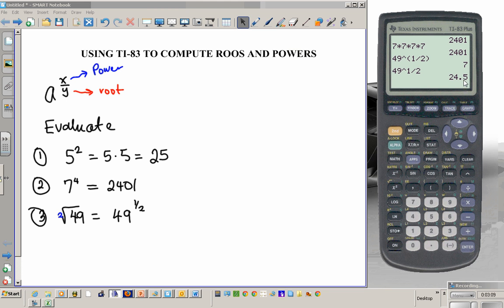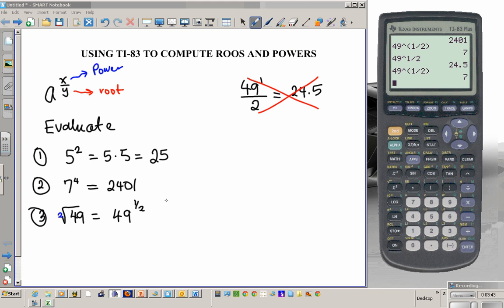This is wrong because the calculator calculated 49 to the first power divided by 2, which is 24.5. You must place your fraction in parentheses, or else the calculator will read it differently. The correct way is 49 raised to the parenthesis 1/2, and that gives you 7.